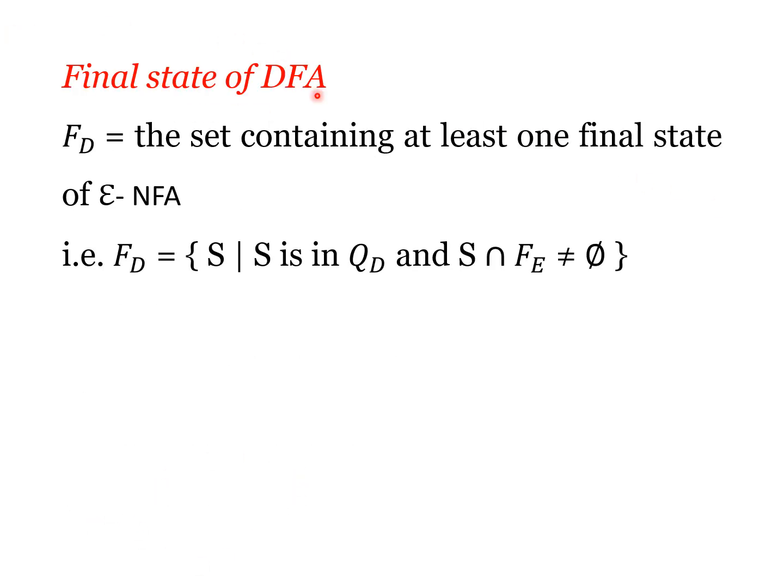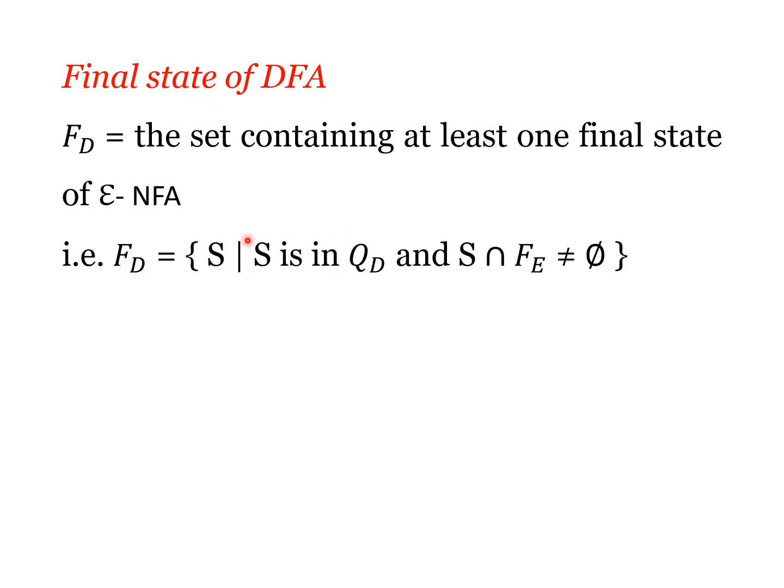And what about the final state of DFA? With respect to the final states of DFA, a set containing at least one final state of epsilon NFA is going to be a final state of your DFA. That is, let us assume you have a subset in epsilon NFA, and that subset is a valid state in DFA.